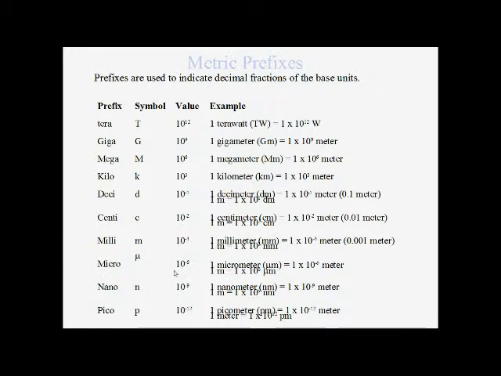And one millionth would be micro, and its symbol is the Greek letter mu. One billionth is nano, symbol lowercase n. When news articles talk about nanotechnology, they're just using this term loosely to mean something very, very small.